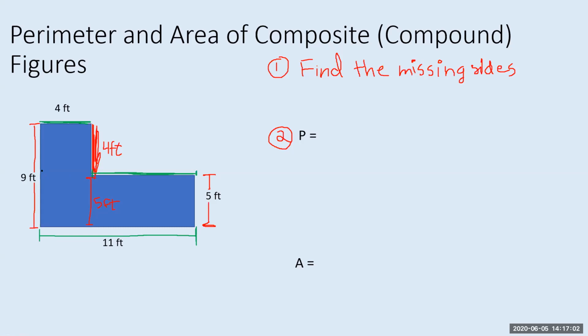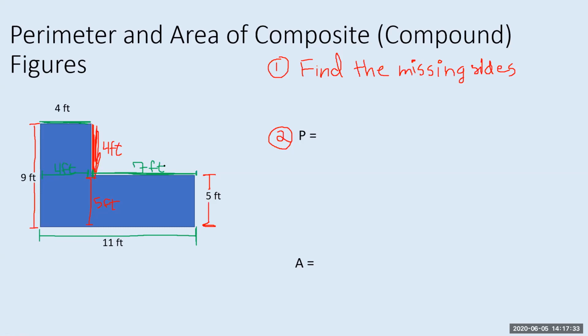And then we know that this portion right here, from here to here, is 4 feet. So if all the way across is 11 and this part is 4, the remaining part here has to be 7, right? 11 feet take away 4 feet gives us 7 feet for this missing horizontal side.